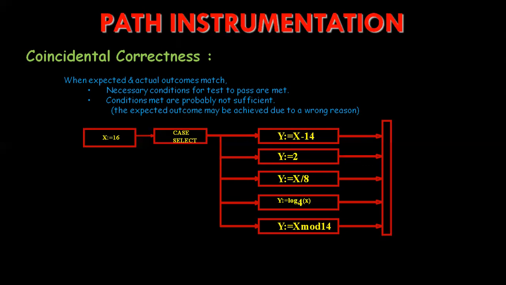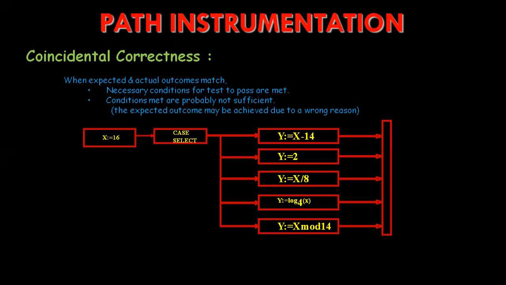In this case, maybe coincidentally it has become correct. For example, here we can see the 5 cases that could be totally jumbled and still the outcome would be the same. So path instrumentation is what we have to do to confirm that the outcome was achieved by the independent path.